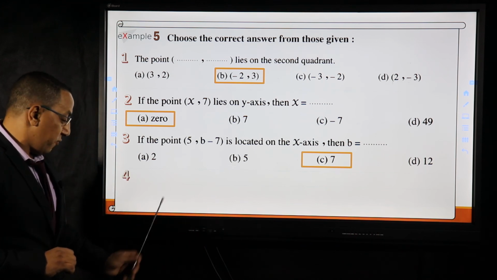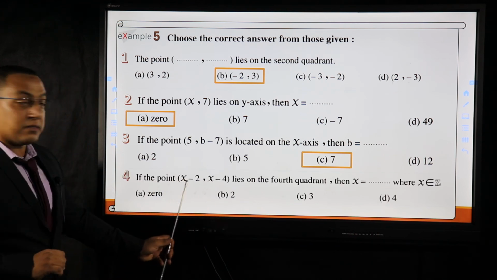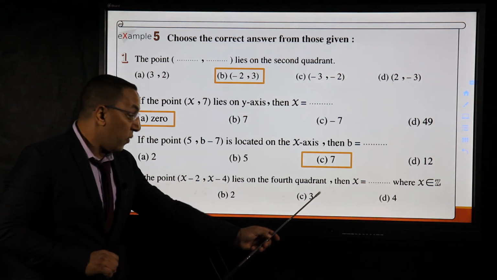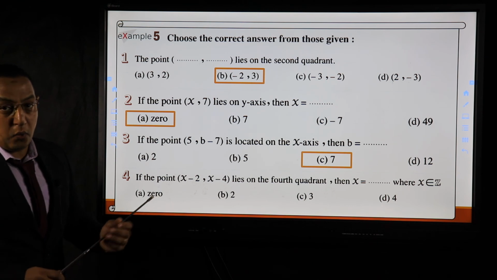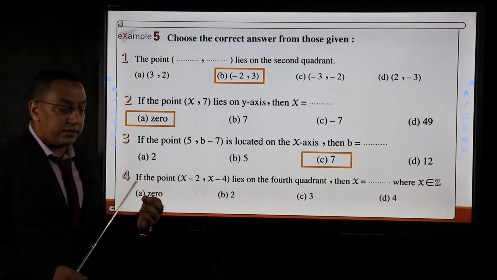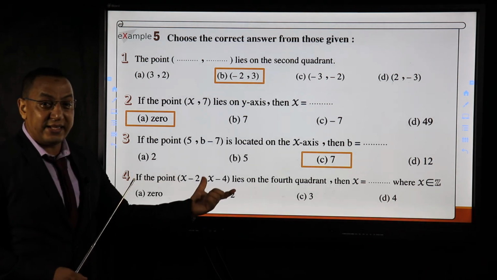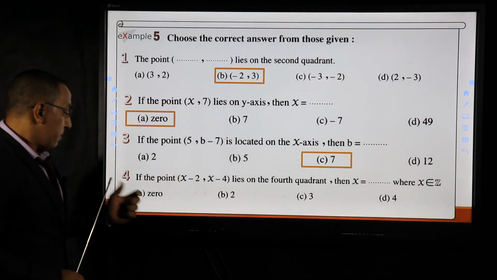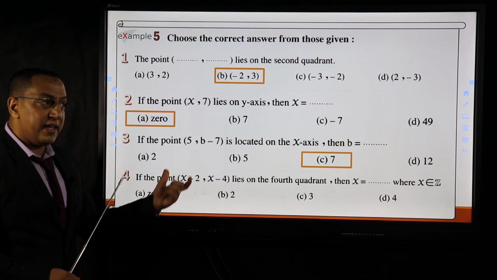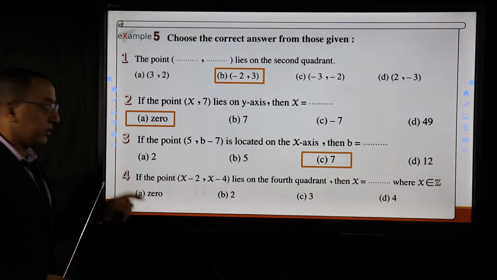Okay, finally number 4. The point x minus 2 and x minus 4 lies in the fourth quadrant. So x equals what? In the fourth quadrant, remember with me, the first is positive and the second is negative. By using 0, 0 minus 2 and 0 minus 4 give negative numbers, so it is not 0.